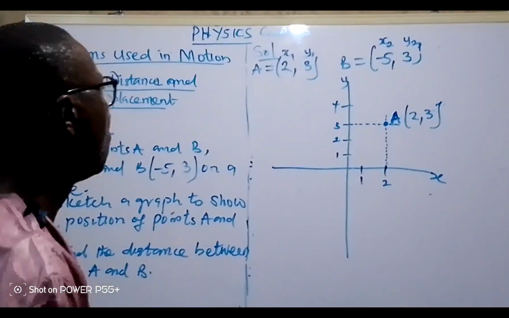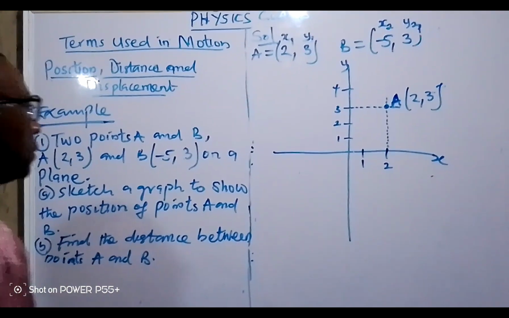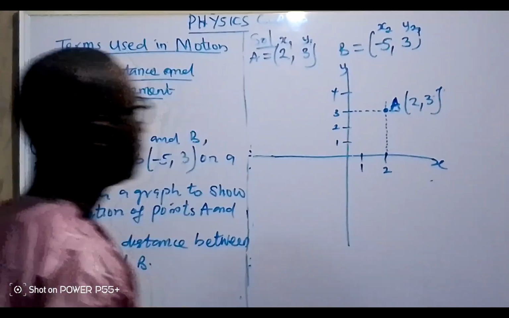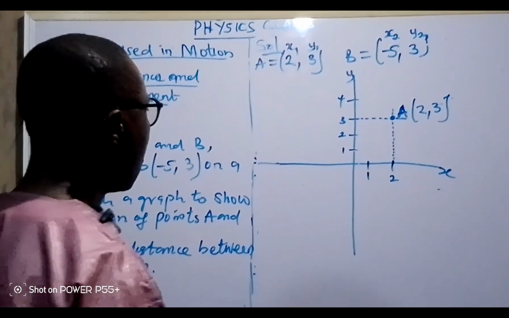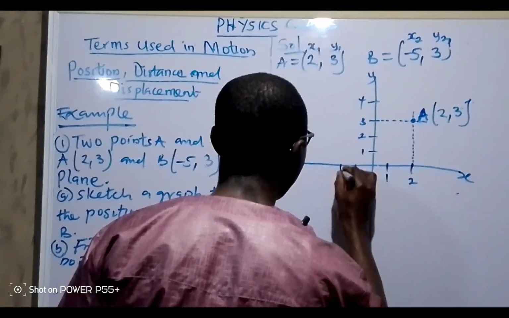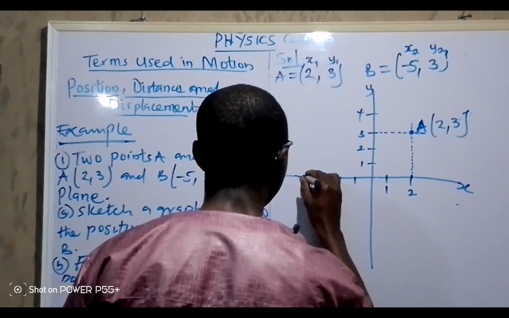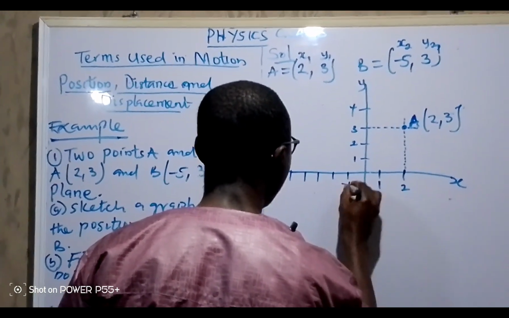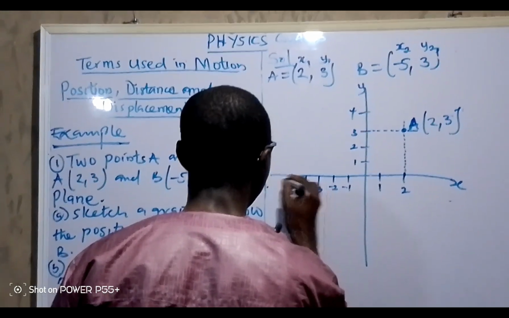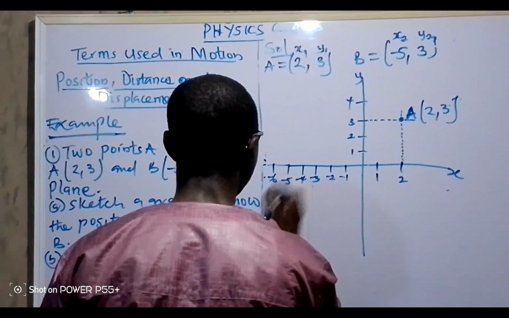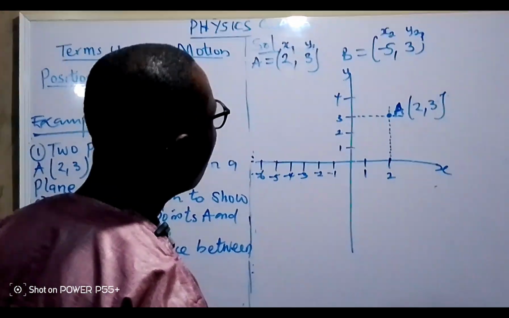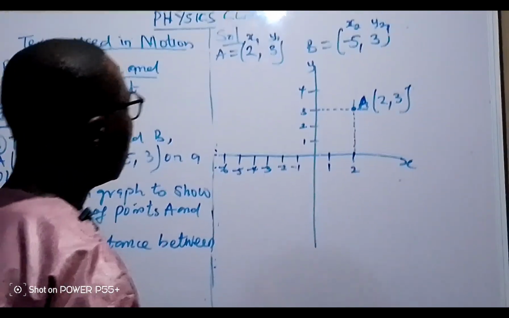Now to locate B, x on B's side is negative. So show it: -1, -2, -3, -4, -5. You can extend it depending on the question given to you. For y, y also is positive 3.